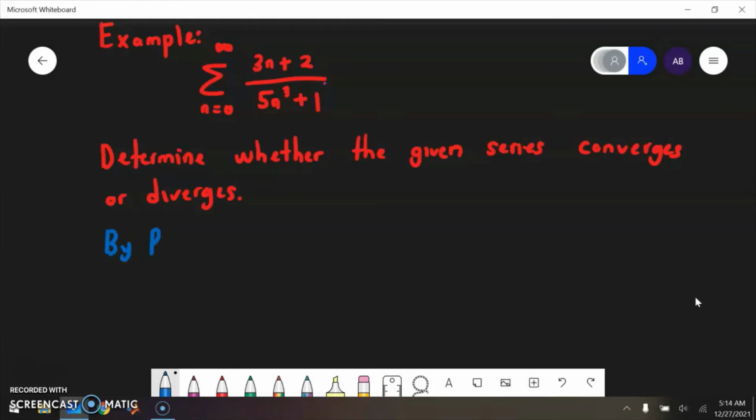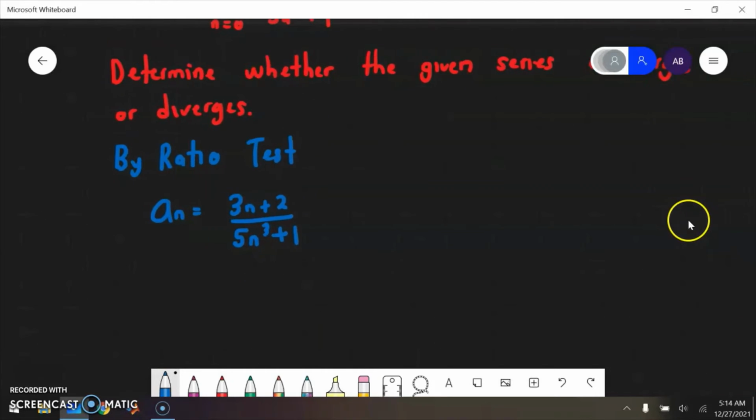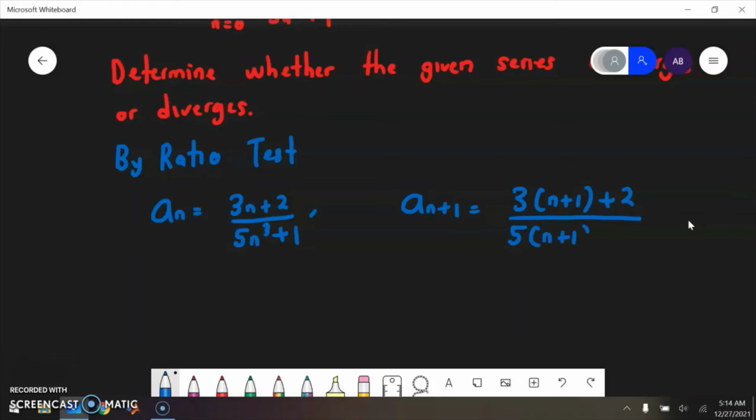So by the ratio test, I need to find, if this is my a_n, 3n plus 2 over 5n cubed plus 1. Now what is a_(n+1)? a_(n+1) will be 3(n+1) plus 2 over 5(n+1) cubed plus 1.